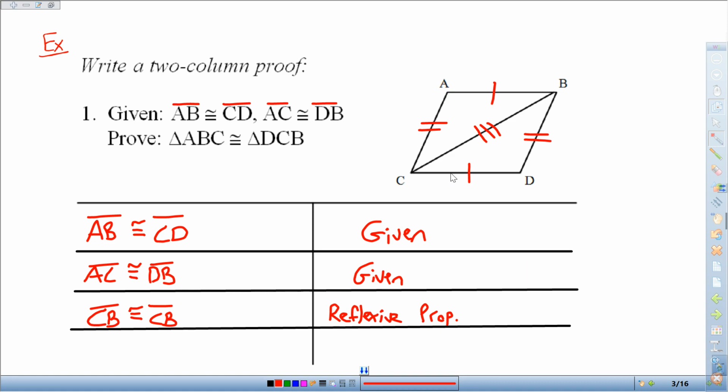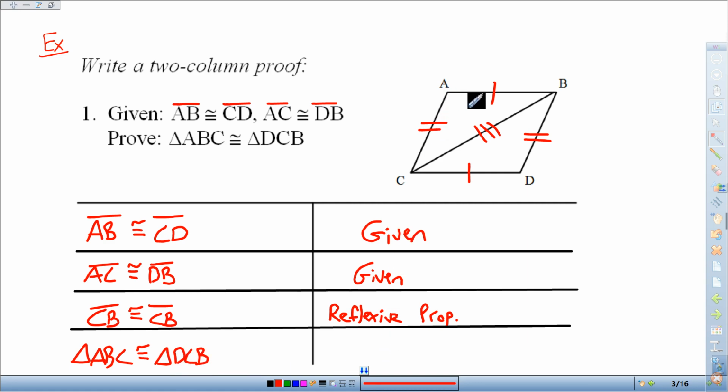Again, another reason why putting this on is necessary. Here's a good thing: the very final statement is given to us. They're telling us this is what we're trying to prove. And that is what we can now say, that these triangles are congruent to one another. So triangle ABC is congruent to triangle DCB.